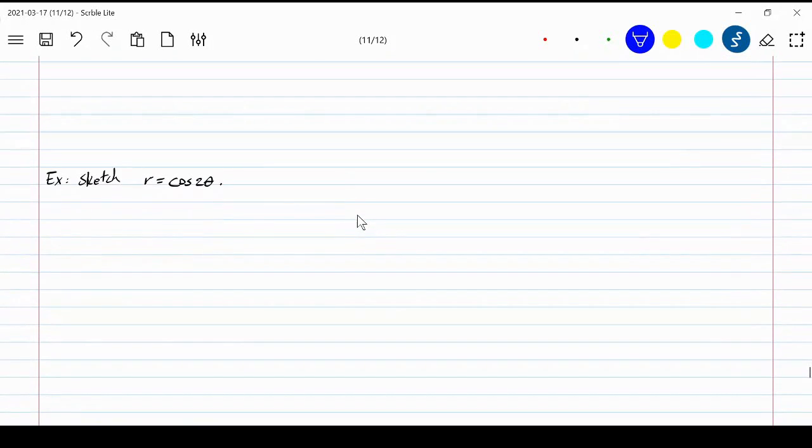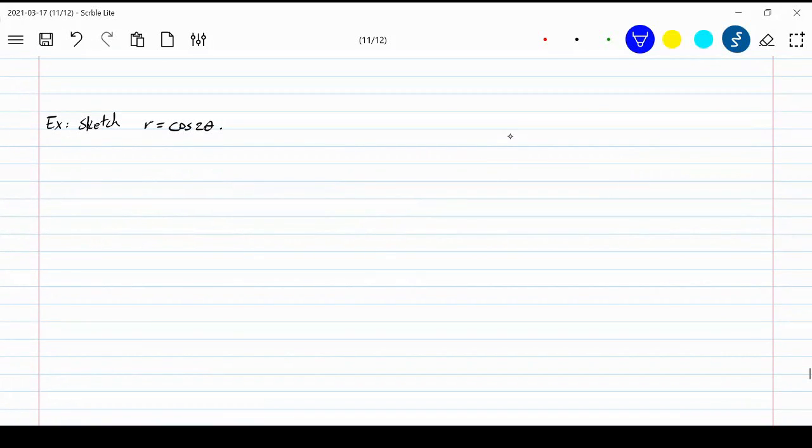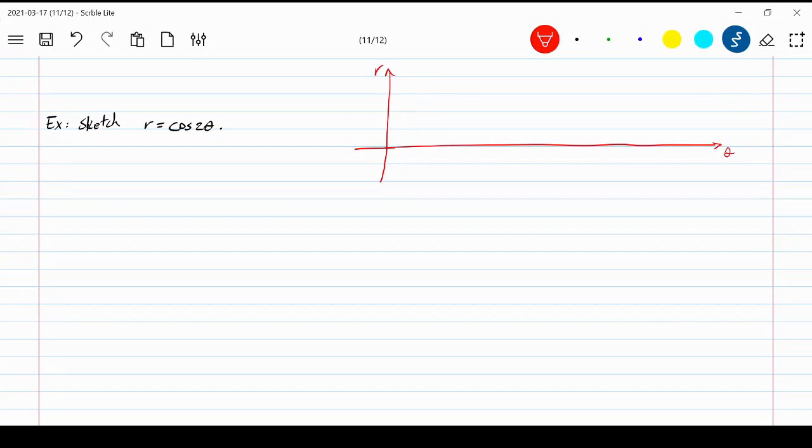How about another one? Maybe this curve. So what we can do is again relate theta and radius. So here's theta. Radius. Since we may have negative and positive radius, we keep it as this.